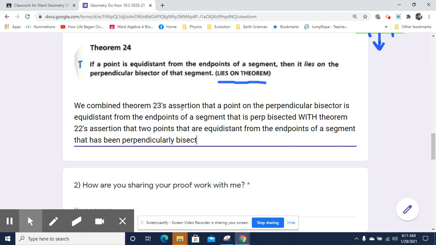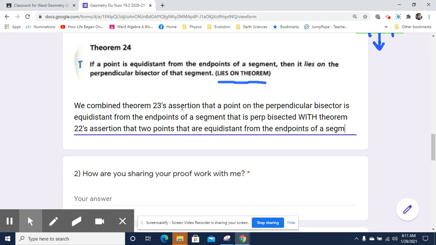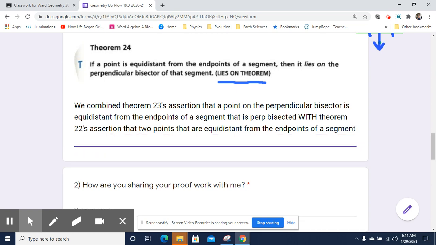Actually, I don't even need to say that they're equidistant from the endpoints of a segment. That is unnecessary. That they determine the perpendicular bisector.